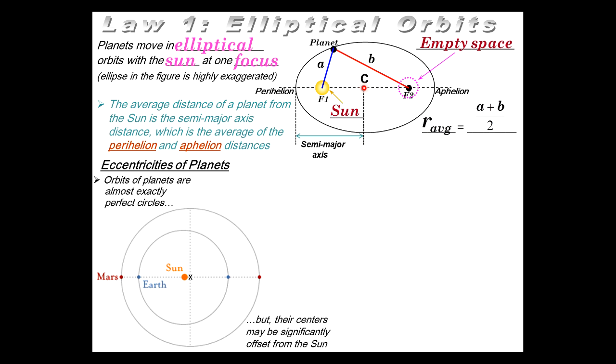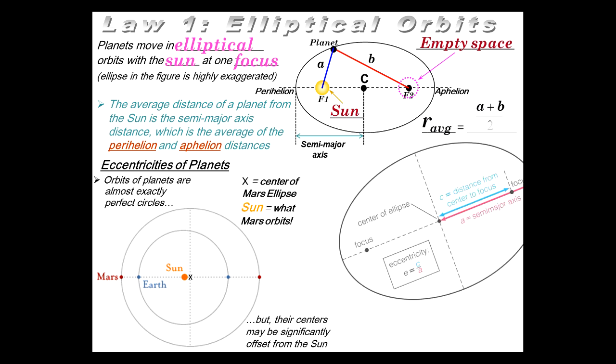The very center of this ellipse looks more circular than orbiting around from the sun. If we orbit the sun, which we do, then it's extremely non-circular, if you know what I mean. Okay, so X is the center of the Mars ellipse. The sun is what Mars orbits, so they're more off-center.